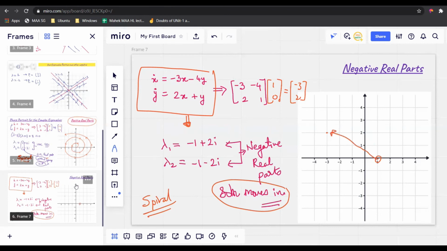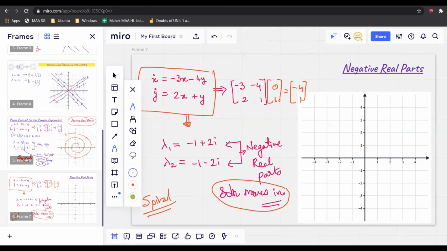To make more sure, you can take other points. Let us take one more point, (0, 1). This point becomes (-4, 1). This also shows anti-clockwise rotation. So I'll erase this and draw anti-clockwise.